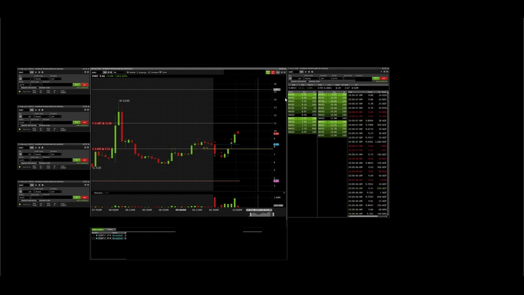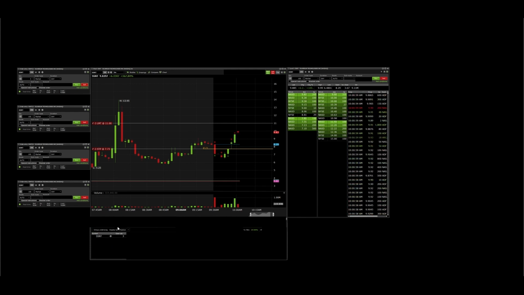Okay, it unhalted, and it's kind of not moving too much. We're up 27% on this last chunk of shares. Waiting to see any sign of coming back down.